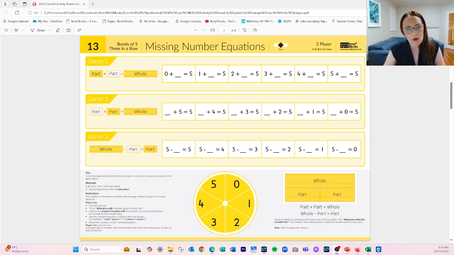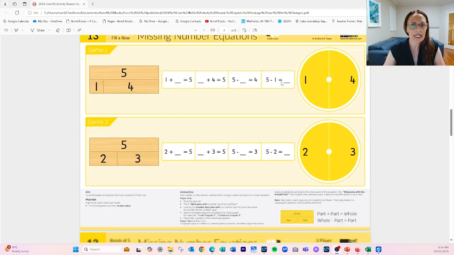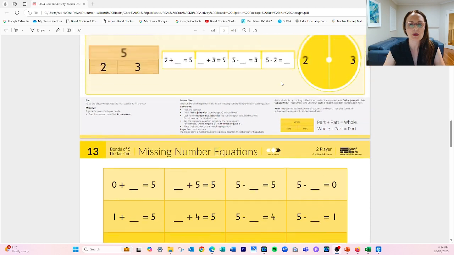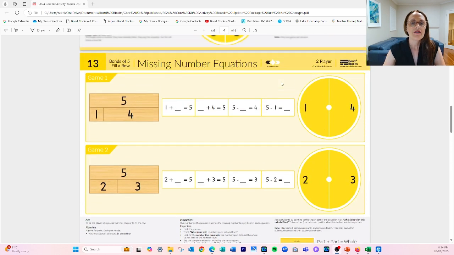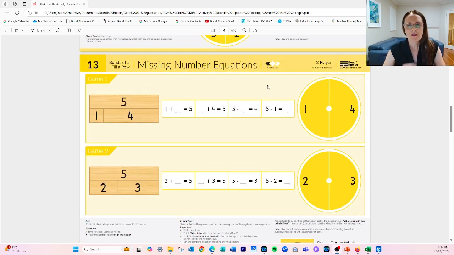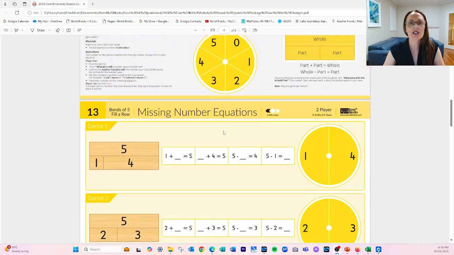When you look at the boards, some of the boards are differentiated. You notice this one is the core board. It's got the square. It's quite difficult, so there's also a little easier and a little harder version as well. If you're looking at intervention students, if they were Tier 2, I would expect by the end of the week that they've been doing it, they would be able to do the little easier version.